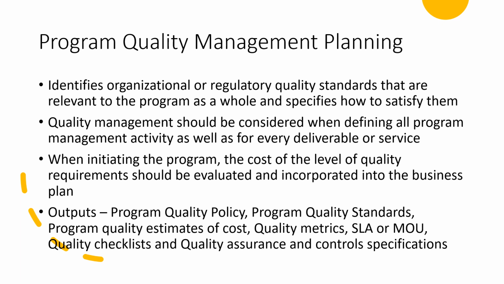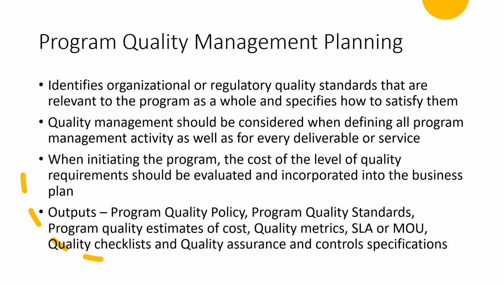When initiating the program, the cost and level of quality requirements should be evaluated and incorporated into the business plan. So definitely the cost of quality at each level or phase needs to be considered and should be part of the program budget. The outputs of program quality management planning are the program quality policy.